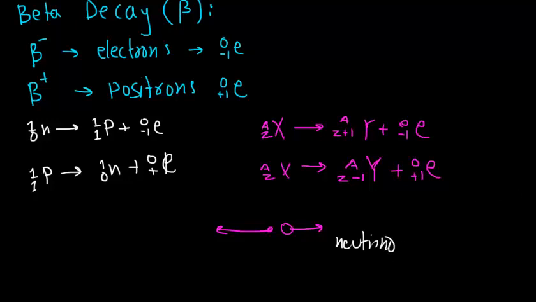Now let's move on to gamma decay and study that in a little bit of detail. Unlike alpha and beta decay, gamma decay results in production of photons that have zero mass and have no electric charge. This type of decay occurs when a highly excited nucleus, probably the product of another nuclear reaction, drops to a lower energy state while emitting out a photon of energy.